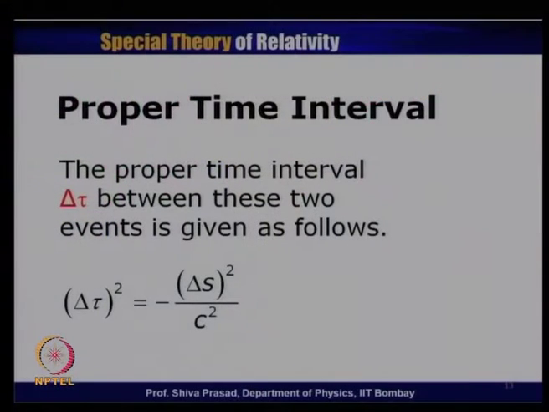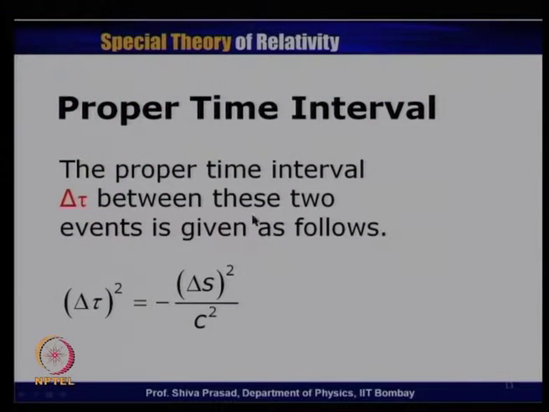So, I am now giving a more general definition of proper time interval, which is many times easier to execute or to find out, because this does not depend on finding a frame of reference in which these two events occur at the same position. And also it can be generalized to such cases where it is not possible to find a frame of reference in which these two events occur at the same position. So, this proper time interval is defined in terms of delta S square.